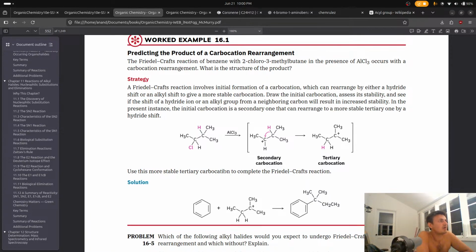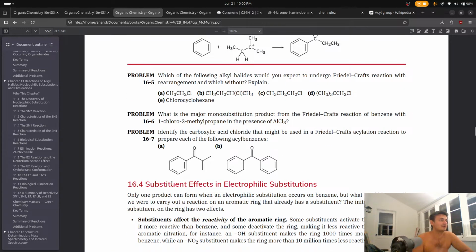All right, predicting the product of a carbocation. Oh, dude, come on. If you don't know your carbocation rearrangements yet, you're screwed. Which of the following alkyl halides would you expect to undergo Friedel-Crafts reaction with rearrangement and which without?